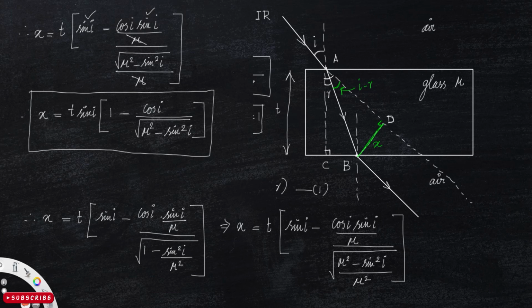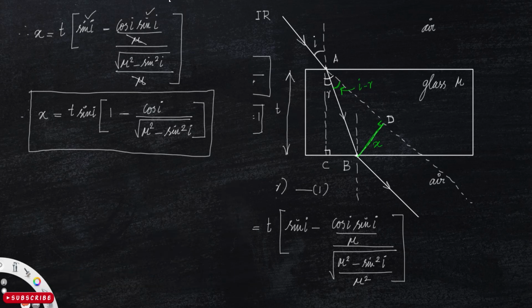Okay, and one more thing, we know when x becomes maximum, that is, when lateral displacement is maximum, you have to subtract this term from 1. So this whole term must be maximum when this term becomes 0.